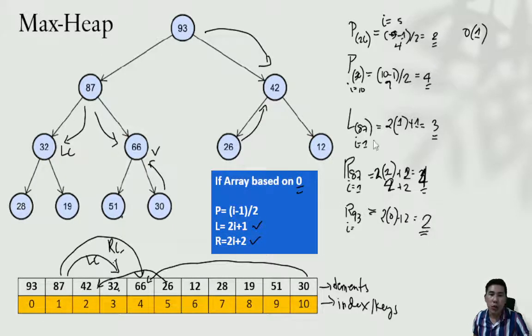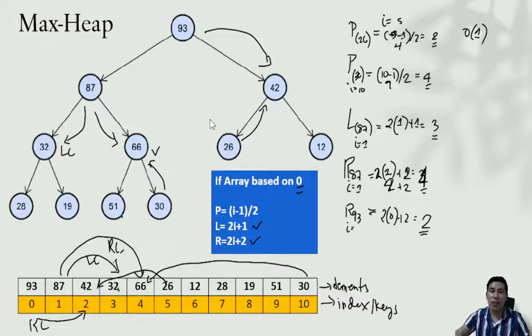In our array, the right child of 93 is the element which has index 2, which is 42, and we can prove it using our binary heap tree representation.